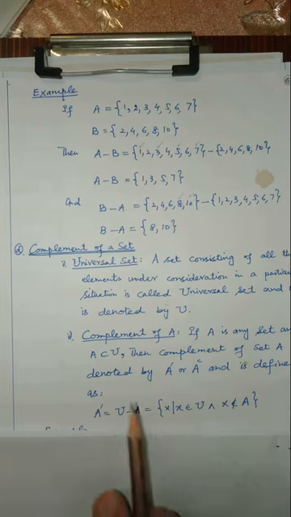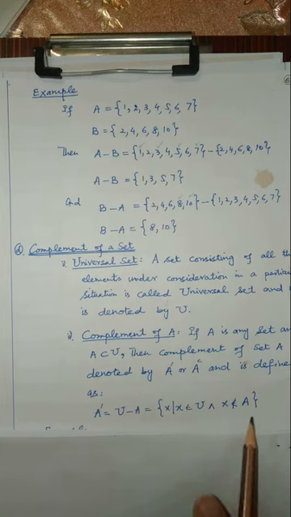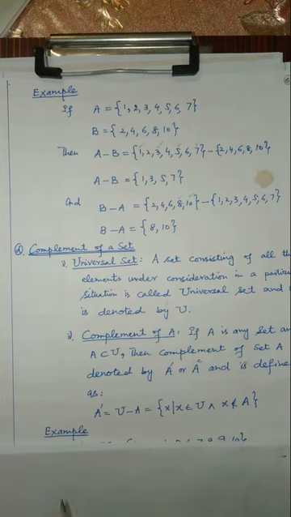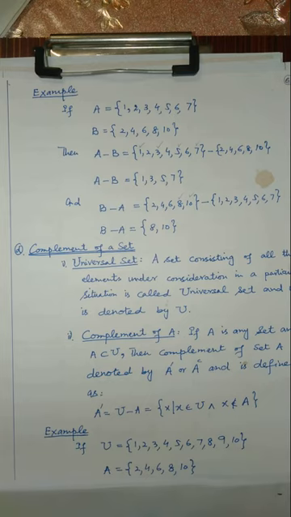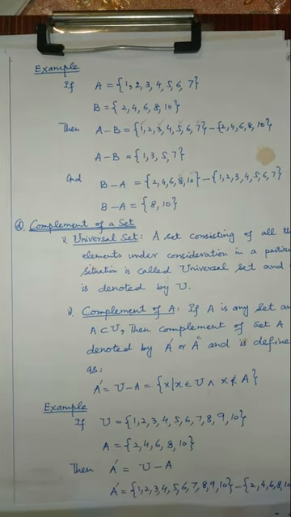The definition of this complement is X such that X belongs to universal set and X is not a member of set A. For example, we have a universal set which is 1, 2, 3, 4, 5, 6, 7, 8, 9, 10, and we have a set A which has elements 2, 4, 6, 8, 10. Now we want to find the difference.